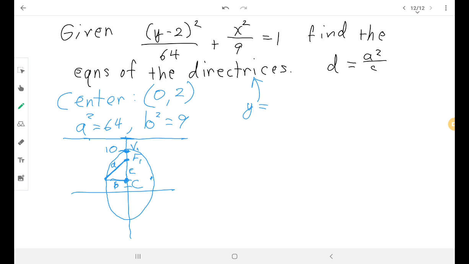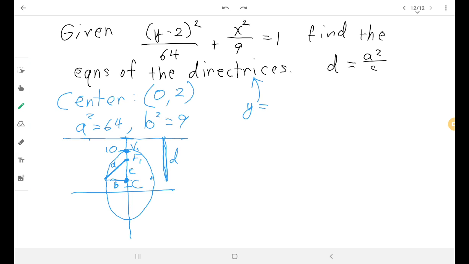But if you want to think of it as it's tall, therefore it's in the y direction, therefore the directrices are y equals, that's probably a decent way of thinking of it. So we need the distance d from here to here, that distance d. That's going to be something that we have to calculate, right? We have to use this to do it.